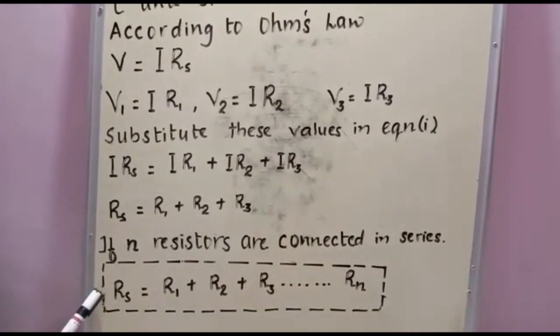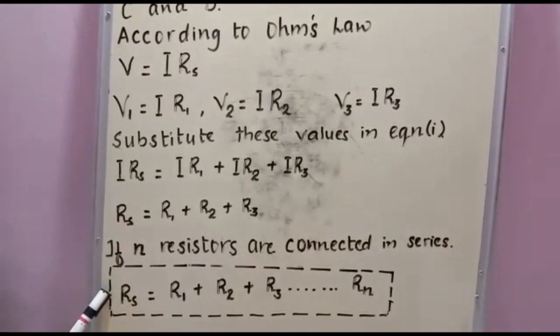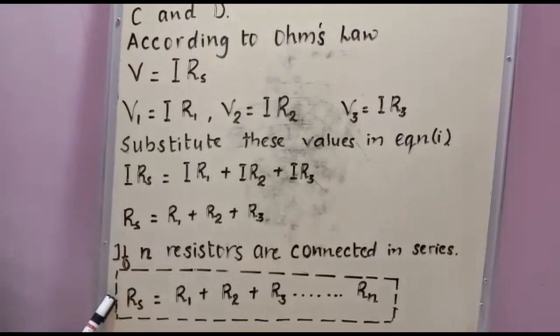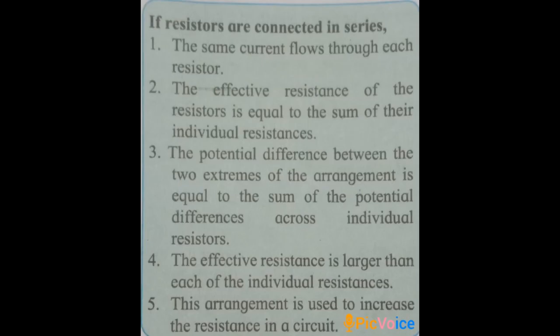Now whenever resistors are connected in series, they show some characteristics. So let us understand the characteristics of resistors in series. If resistors are connected in series, they show the following characters. The first one, the same current flows through each resistor.